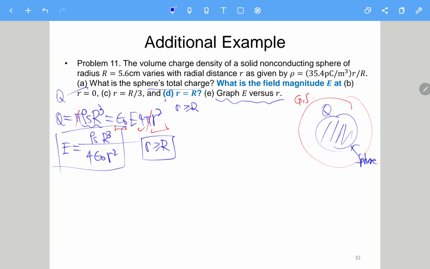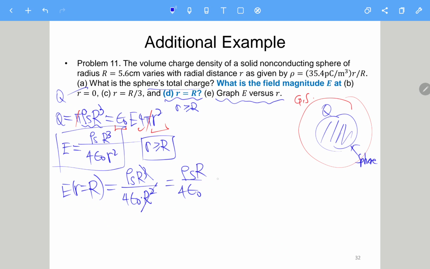Of course, this question asks you r equals capital R. So we can just plug in r equal to capital R. So it turns out to be rho S times R cube over 4 epsilon naught, and then r square to be capital R square. So we can cancel this R square with the R cube. So it turns out to be rho S R over 4 epsilon naught. I forgot the capital R here.